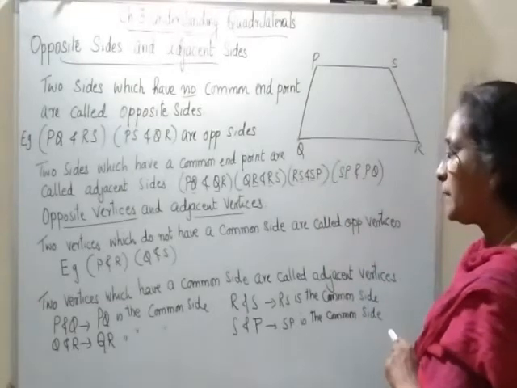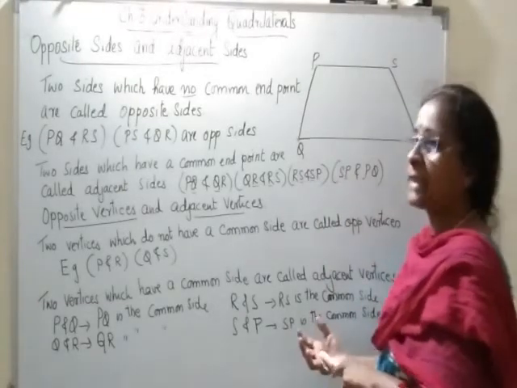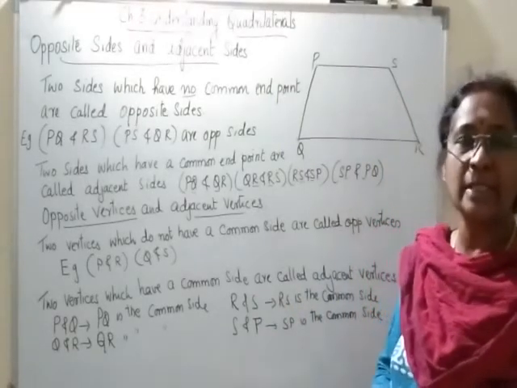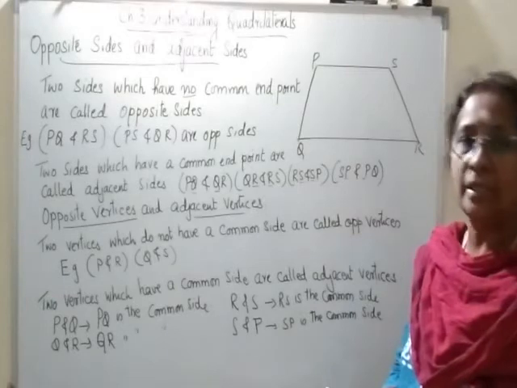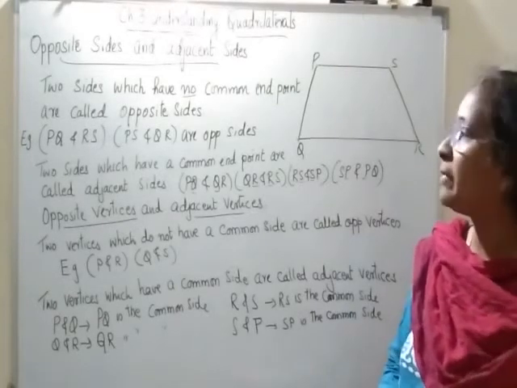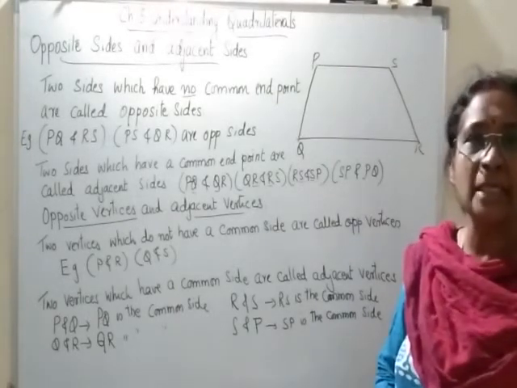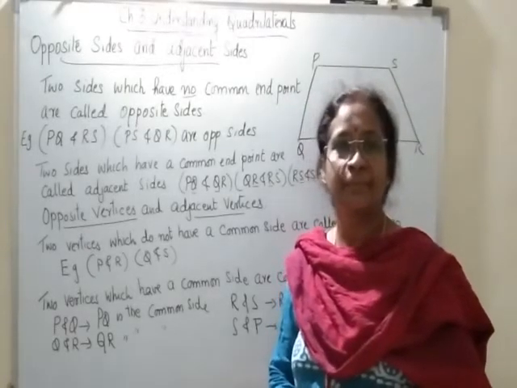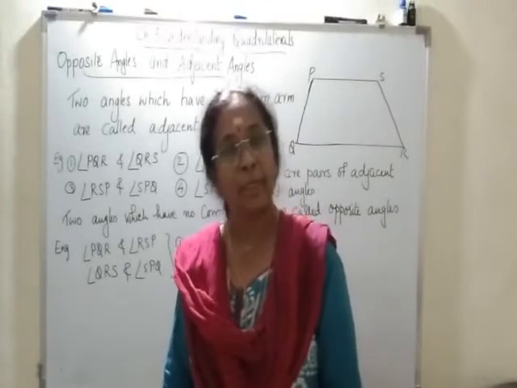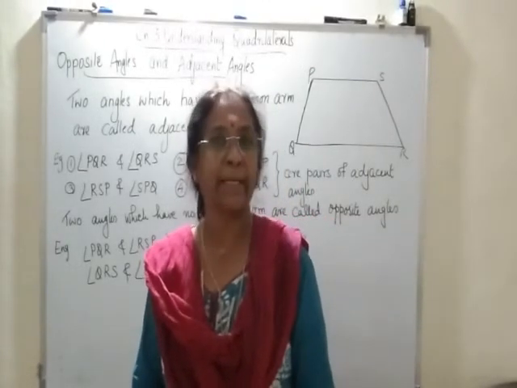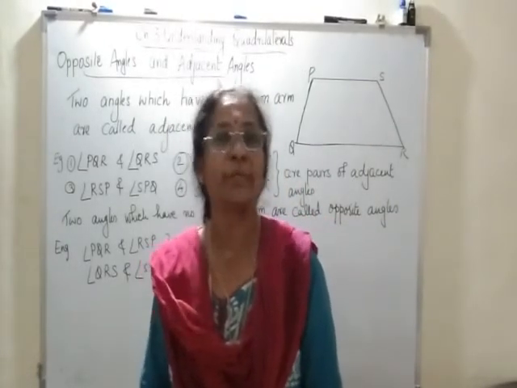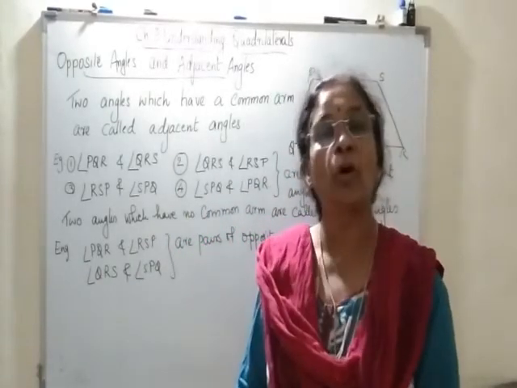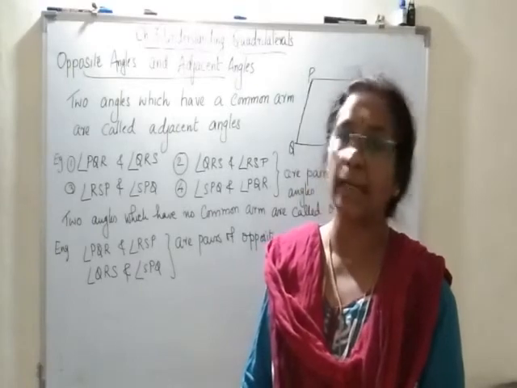So we learned about opposite sides, adjacent sides, opposite vertices and adjacent vertices. Now we will learn about opposite angles and adjacent angles. Now let us see what are opposite angles and adjacent angles.